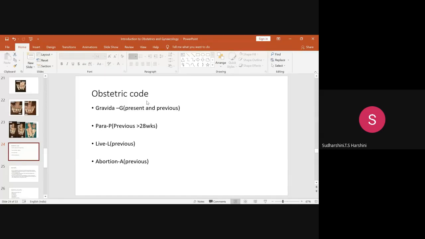Only one thing you have to remember: gravida means both the present and the previous pregnancy. That's all. You have to include the present pregnant condition of the patient and the previous pregnancies, irrespective of the fate of pregnancy.